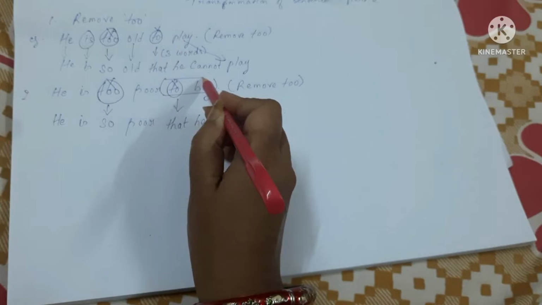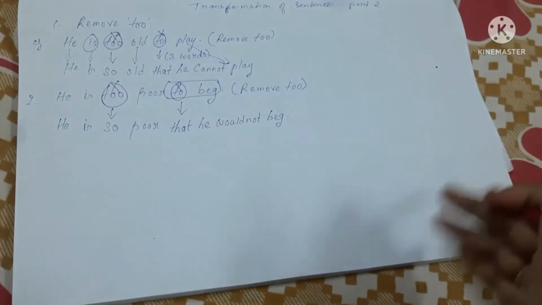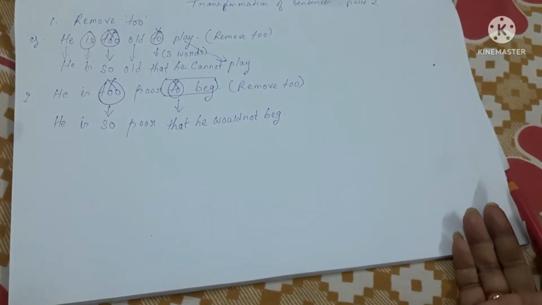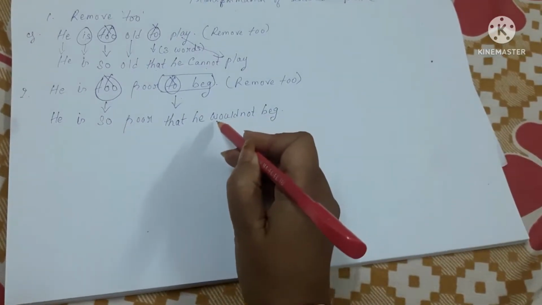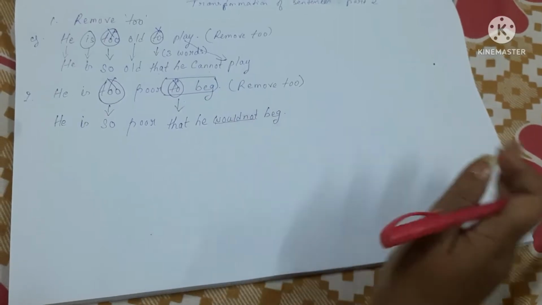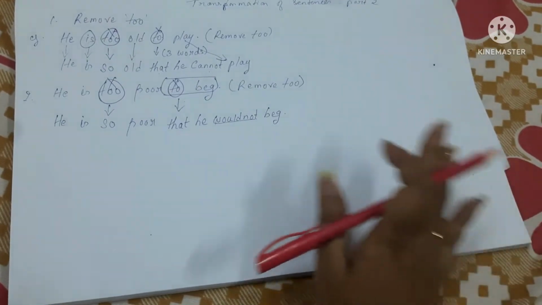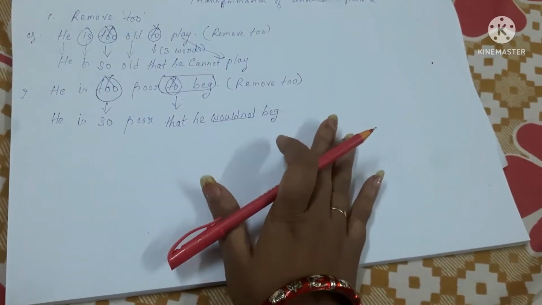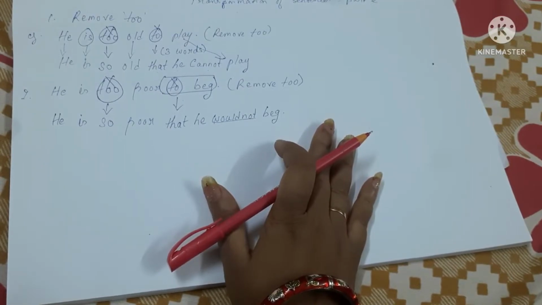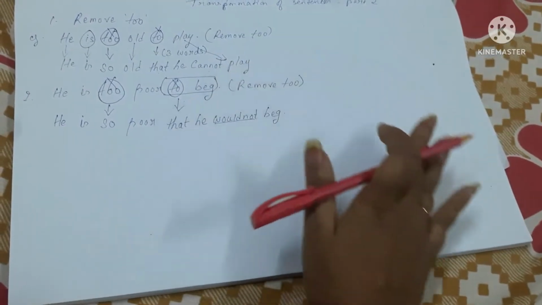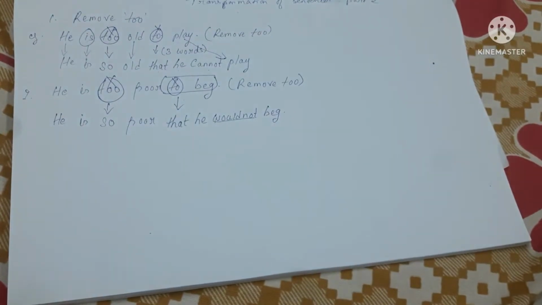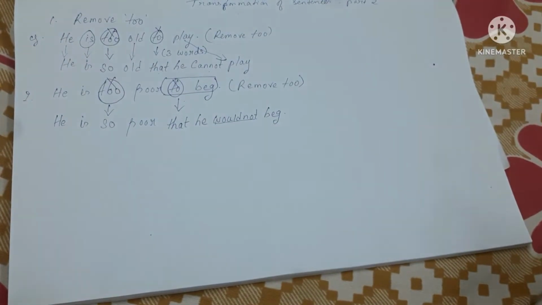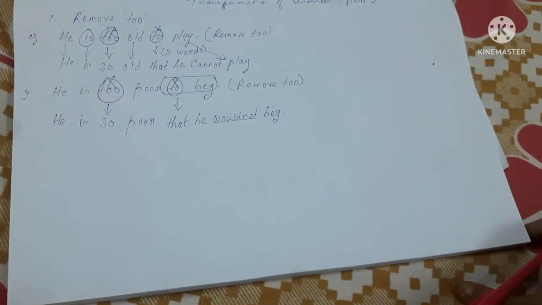This part actually indicates future tense, something to be done in future. That is the reason why here we have used would not. We will not use cannot, but we will use would not. So the second part of the statement implies something to be done in future, and you have to use would not.